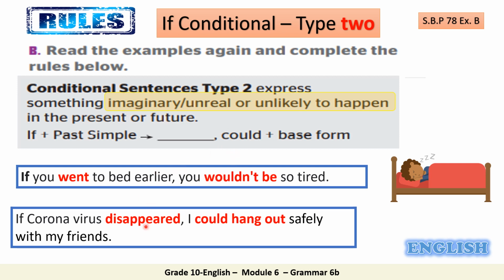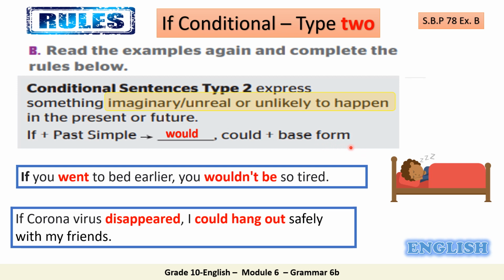Try to reread these two sentences and fill in the gap with the correct word. Now, let's answer together. To form a sentence using if conditional type 2, we use the past simple with the if clause and we use, that's correct, would, could plus the base form of the verb.